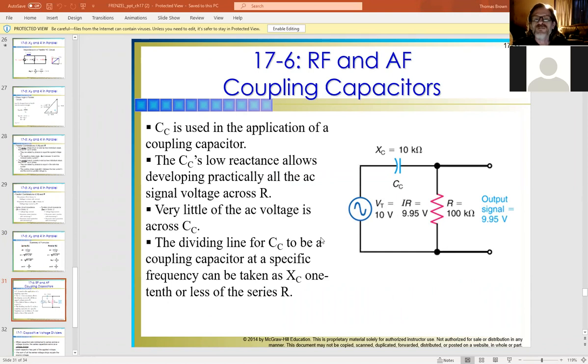Anyway, here he's looking at radio frequency and audio frequency coupling capacitors. That's a thing we'll find out as we go through these, that a lot of these applications are used for radio, believe it or not, and our media these days, for communication purposes, for broadcasting, sending out signals.